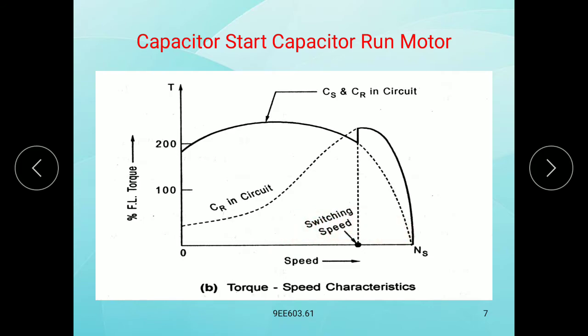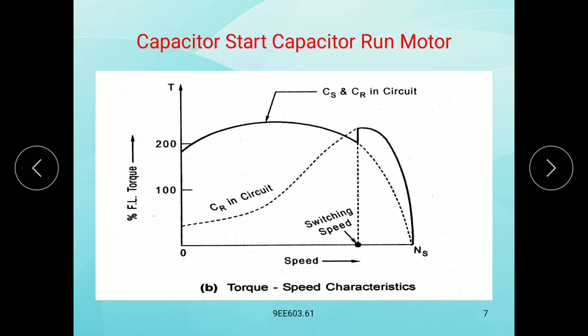In previous cases, for starting capacitors the torque is high, and for running capacitors the torque is low. So 50 to 100% of full load torque for a running capacitor. For starting capacitor, in previous cases, 300 to 400% of full load torque.